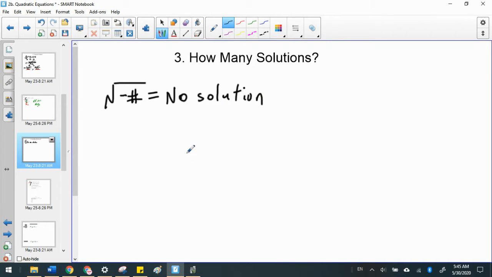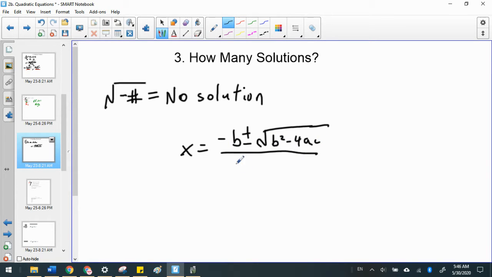So the interesting thing about the quadratic formula is that it is very good at helping us determine how many solutions I have, and whether I'm going to have to deal with radical numbers as a part of my solution.